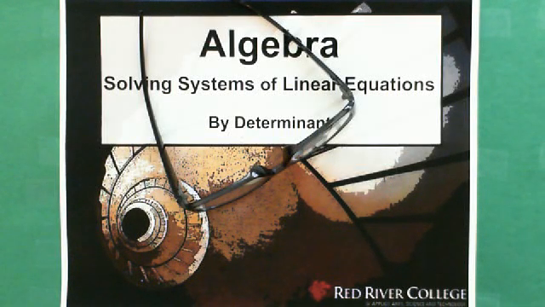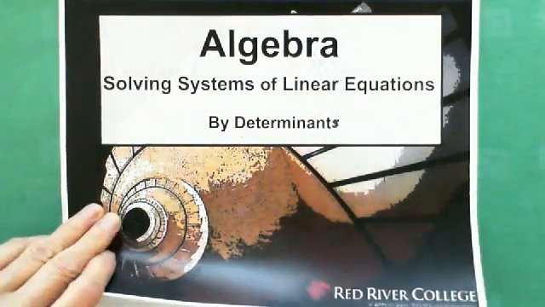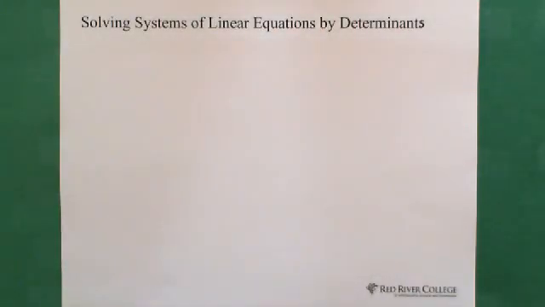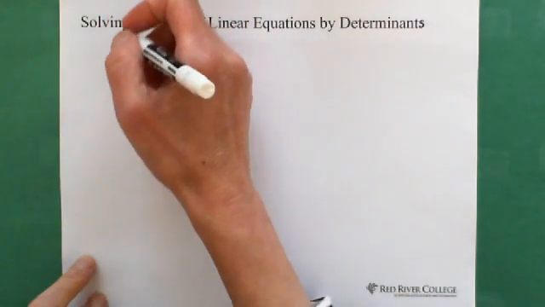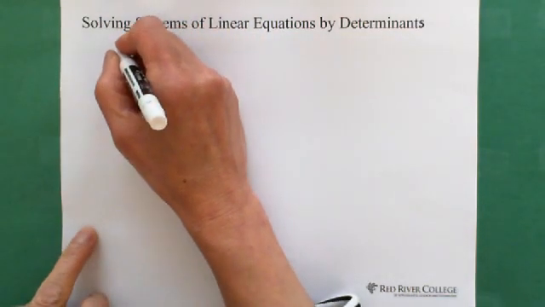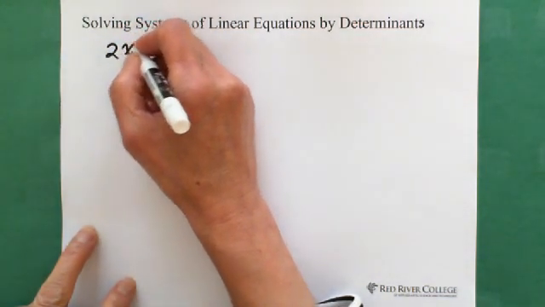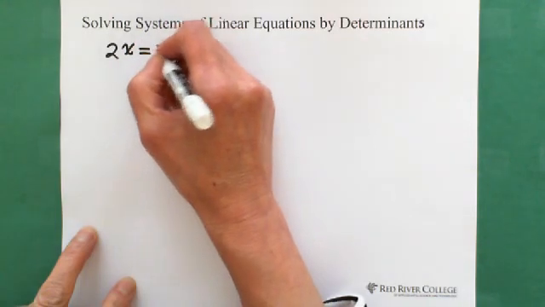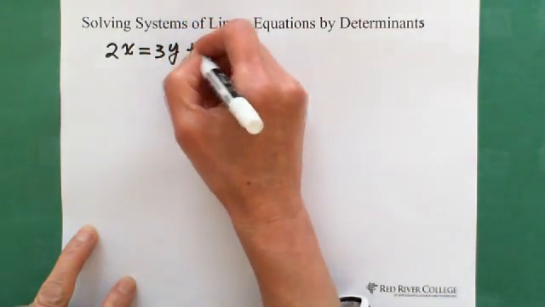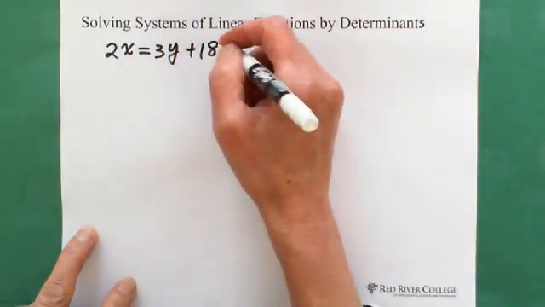In this video, I'd like to show you using determinants to solve systems of linear equations. Let's try this question. The first equation is 2x equals 3y plus 18.